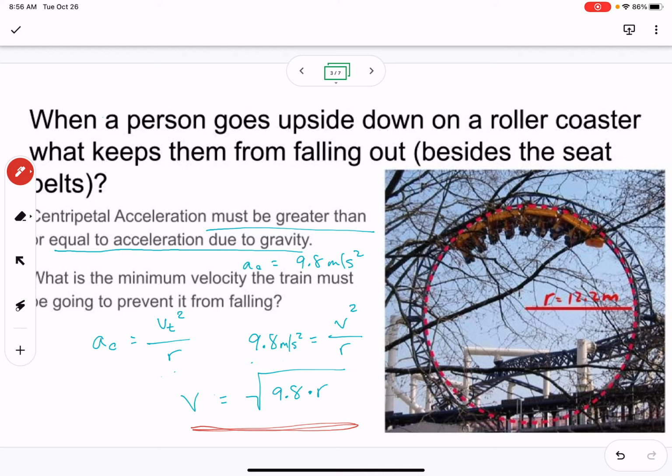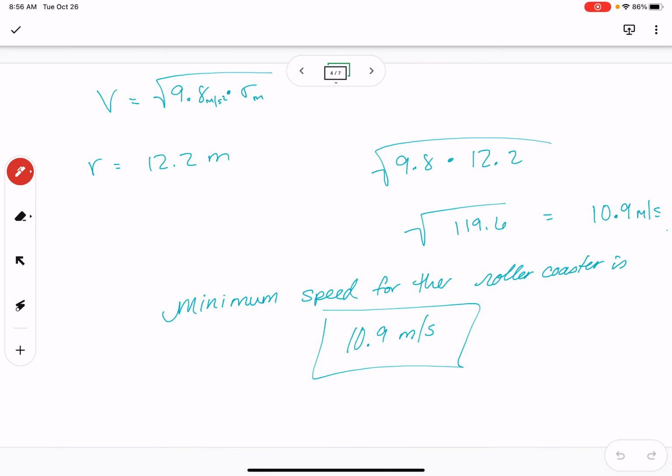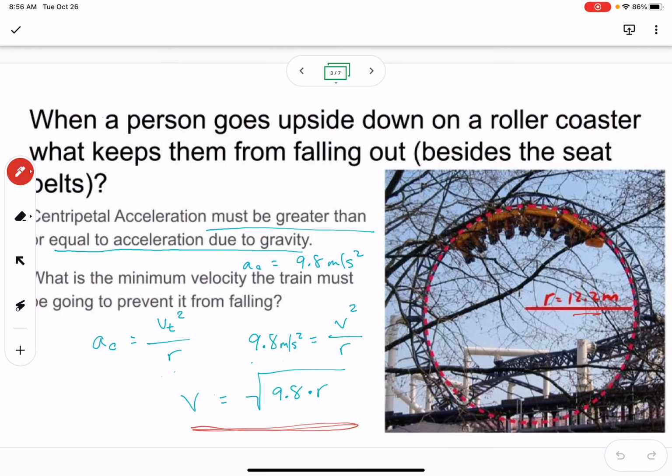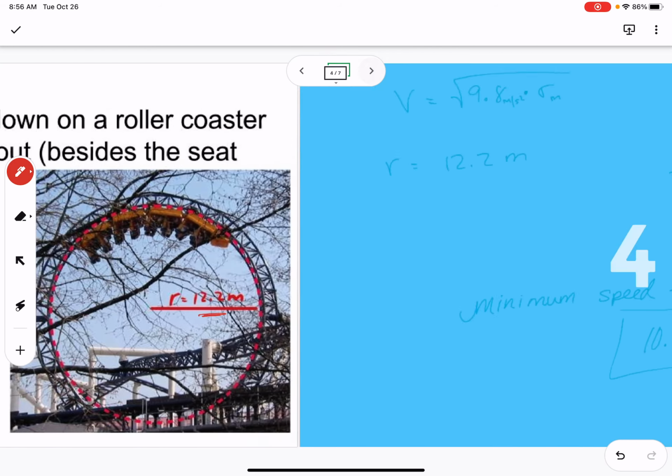So centripetal acceleration is going to equal 9.8. I'm going to rearrange it, and that's the formula we're using right now to find our minimum velocity. So velocity is going to equal the square root of 9.8 times r. If you can see here, r is 12.2, and that's what we're going to use.